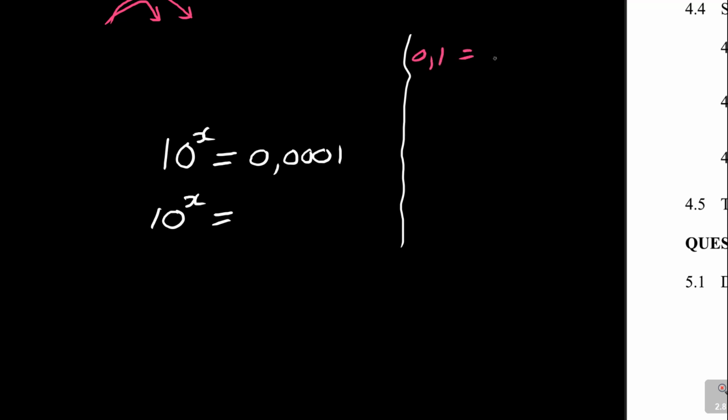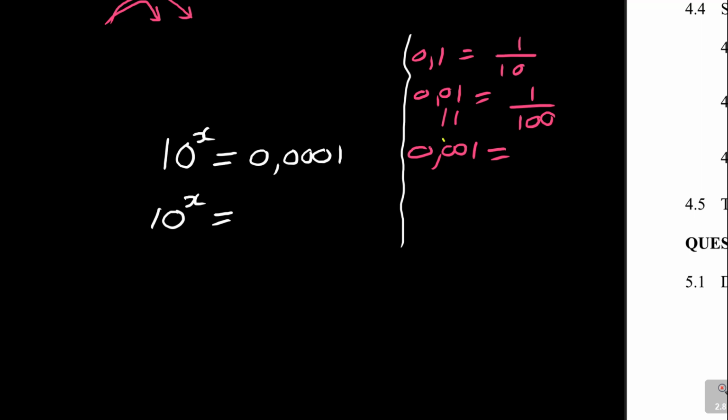0,1, for example, is the same as saying 1 over 10, you see? And then 0,01, you're like 2 decimal places, so it's 1 over 100. Then you continue. You see how many decimals after the comma?